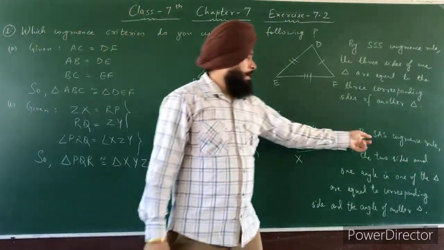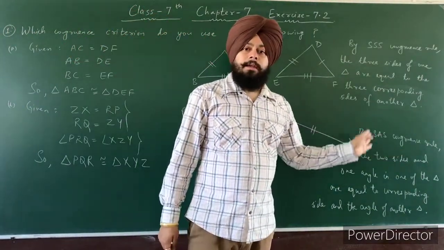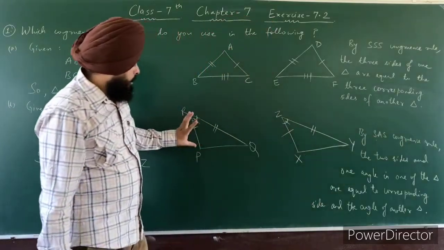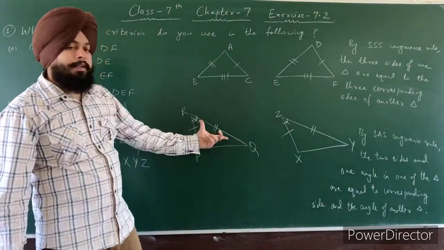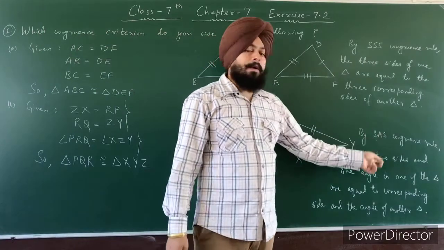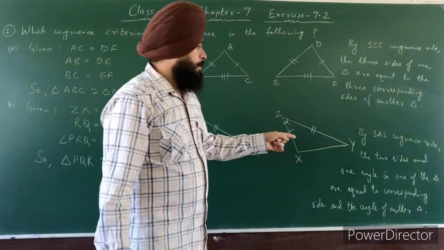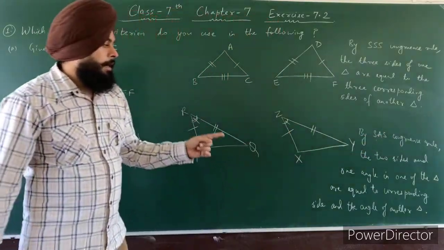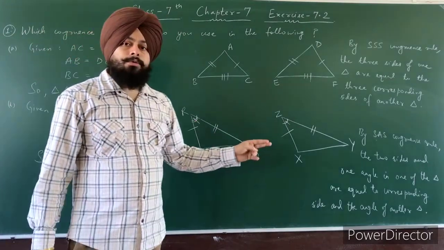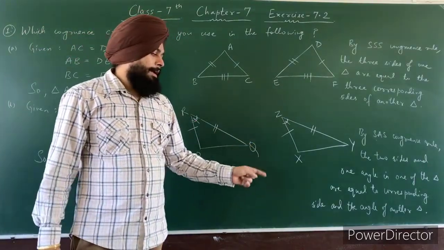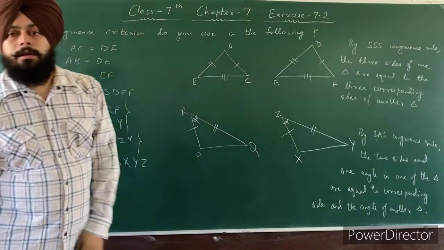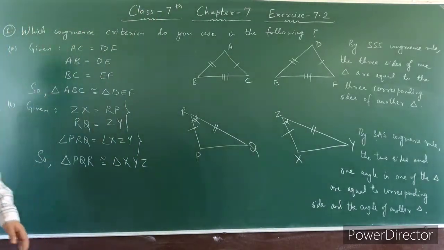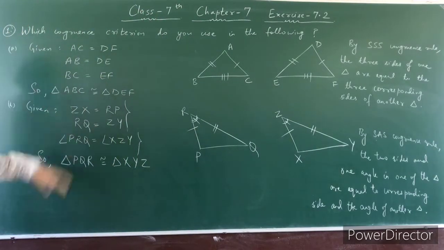So by which rule? SAS, side, angle, side. First one is side, second one is angle, third one is side. So by SAS congruence rule, the two sides and one angle in one of the triangles are equal to the corresponding sides and the angle of the another triangle. Clear students? So this is your A and B part of question number 1.